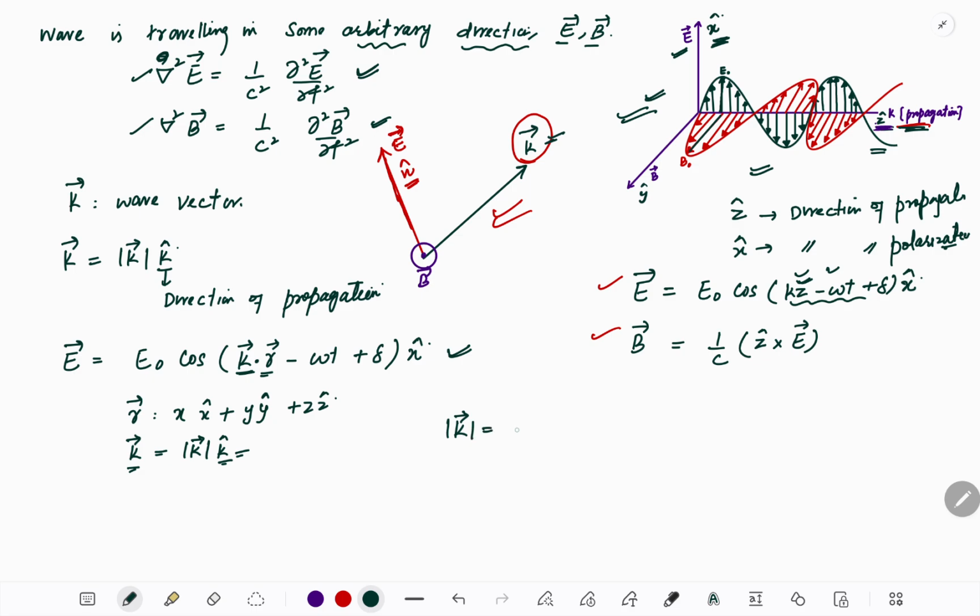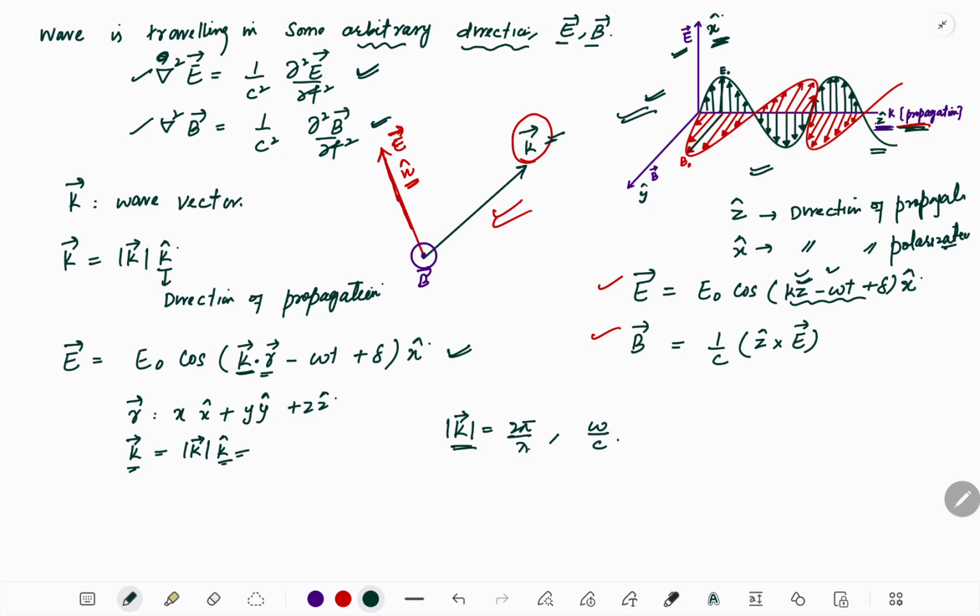This magnitude k is actually 2 pi by lambda. This is the magnitude of the wave vector. If you're not comfortable with this, I have already derived k in the previous videos. That is also equal to omega by c.